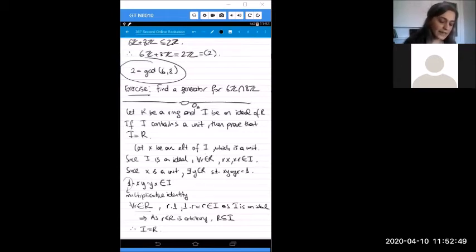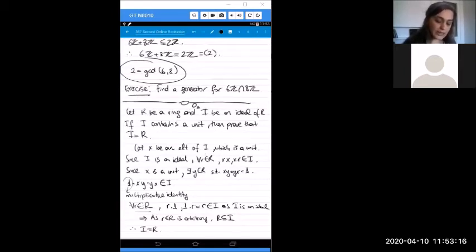We have taken a unit element x from I, and since I is an ideal, for every r coming from the ring itself, r times x and x times r lie in I. Since x is a unit, it has a multiplicative inverse, which we call y. And then x times y is equal to y times x is equal to the multiplicative identity of the ring R.